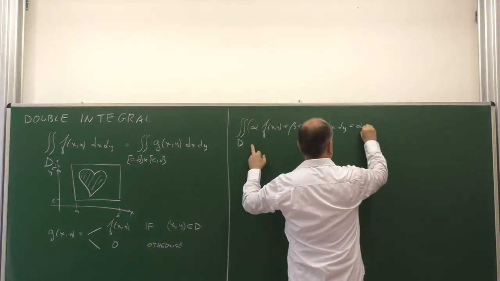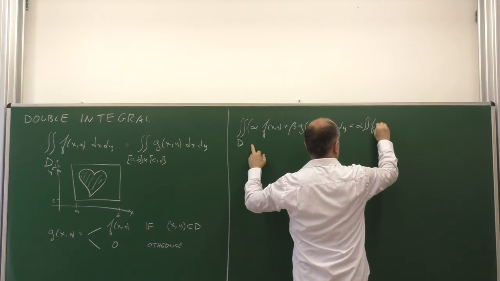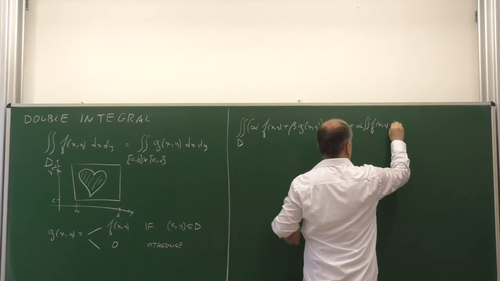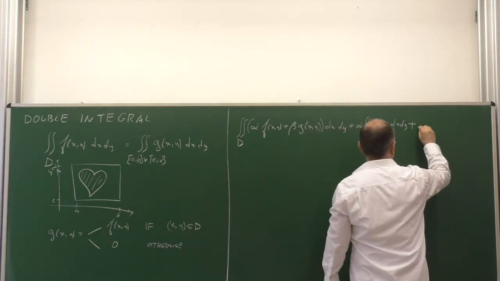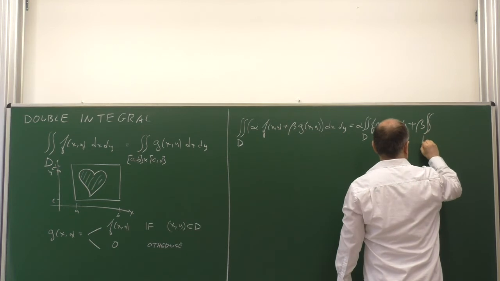So this will be alpha times the integral of f dx dy over D plus beta times the integral of g.